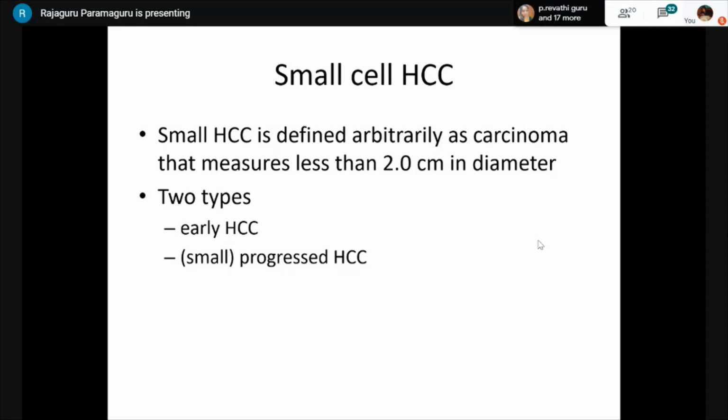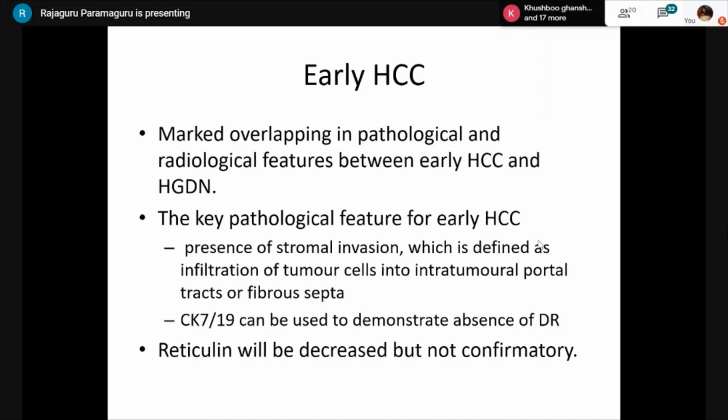We have trouble only with the early HCC, because progressed HCC is very easy to pick up because it looks like a moderately differentiated hepatocellular carcinoma with the classical architectural as well as cytological changes, and there will be no problem in diagnosing a progressed HCC. Whereas in early HCC, you have two kinds of appearances. It can be a well-formed nodule, or in most cases, a vague nodule.